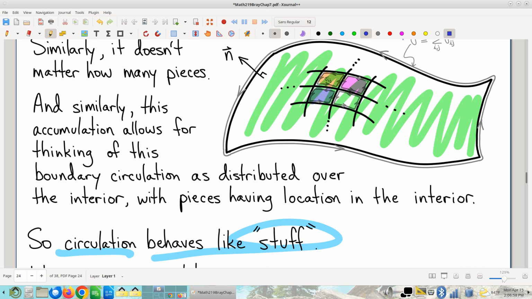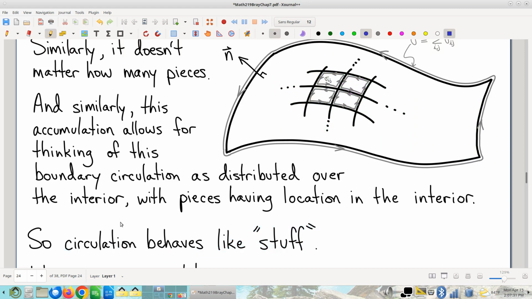If you were talking about mass, the mass distributed across the green surface is the sum of the mass on that orange piece plus the mass on that purple piece plus the mass on that dark blue piece. Right? So it behaves just like stuff does. And as such, you can, and I would say should, think of it as a stuff, because that's going to be really helpful for our purposes.